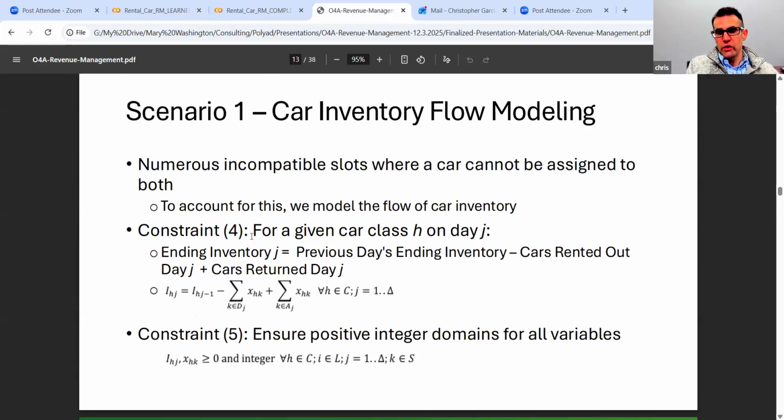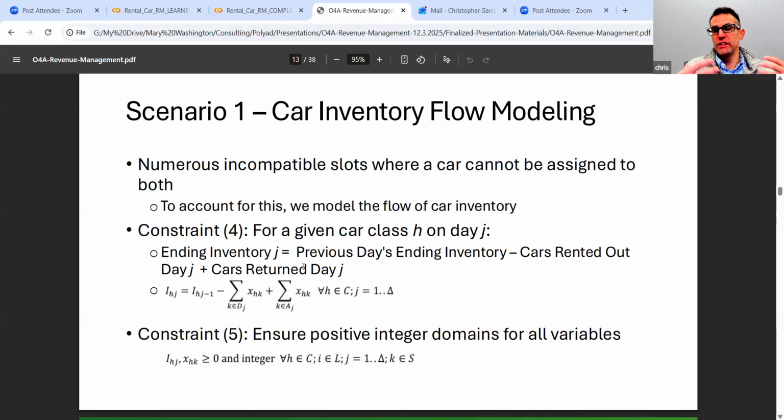So the idea is this: for each car class H on day J, we want to model the flow balance of inventory, right? So the ending inventory at the end of day J, which is going to be IHJ for a car class, is just the previous day's ending inventory, whatever I had at the end of yesterday, minus the cars rented out today, plus the cars that are going to be returned today.